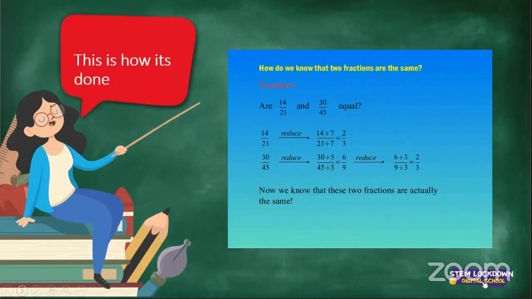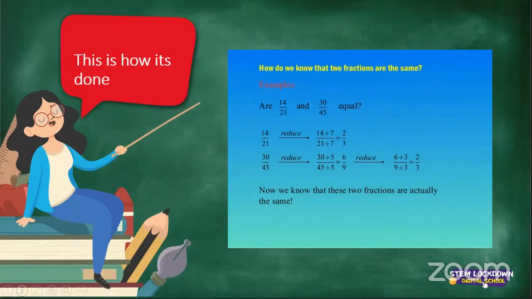Now I have 6 over 9. Can I reduce it more? What number will go into both 6 and 9? Will 2 go into 9? No. Will 3 go into 9? Yes, it will go 3 times, and it will go 2 times into 6. So let's reduce it. 6 divided by 3, you are left with 2. 9 divided by 3, you are left with 3.